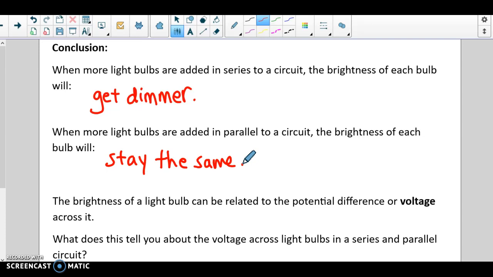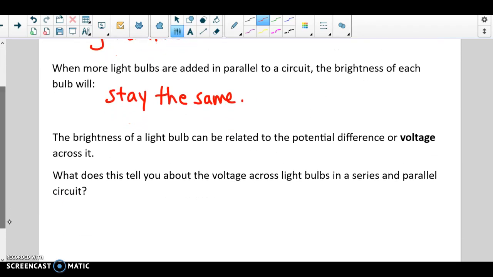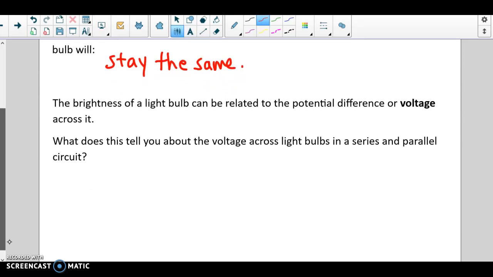Now we're going to relate brightness to one variable that we've already talked about in circuits, voltage. Here the statement says, the brightness of a light bulb can be related to the potential difference or voltage across it. So keeping in mind the results from your simulation, what does this tell you about the voltage across light bulbs in a series and parallel circuit?